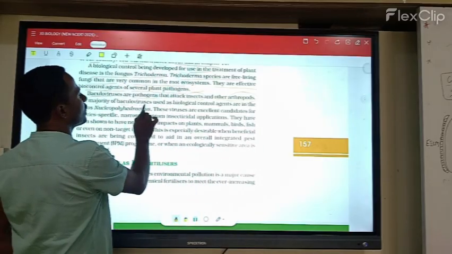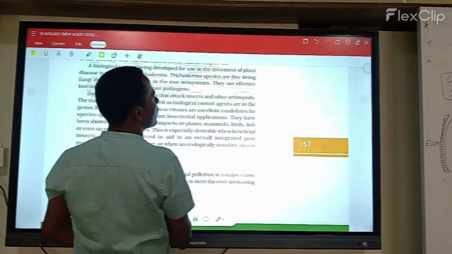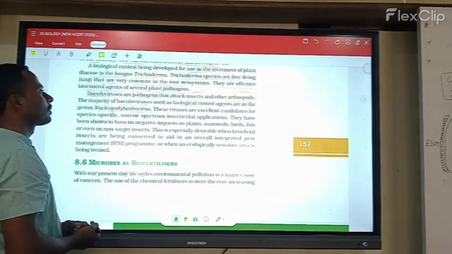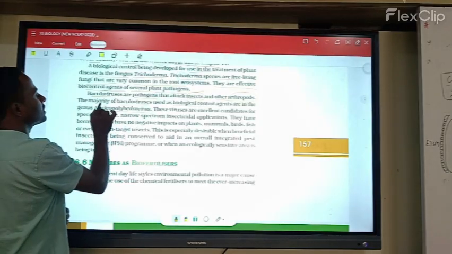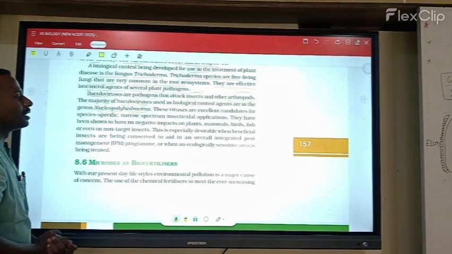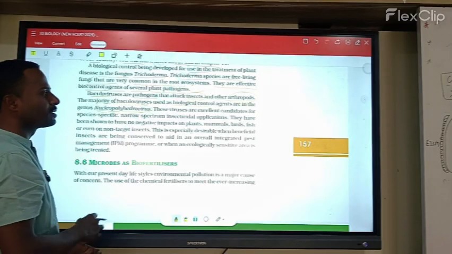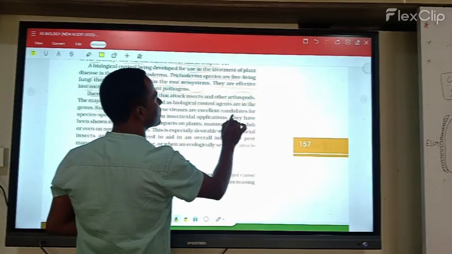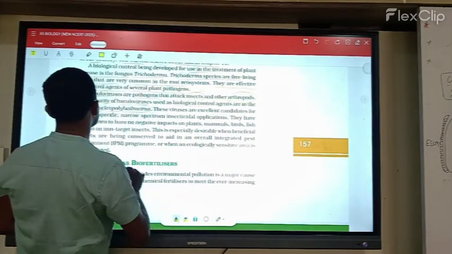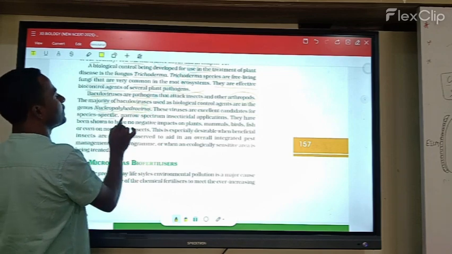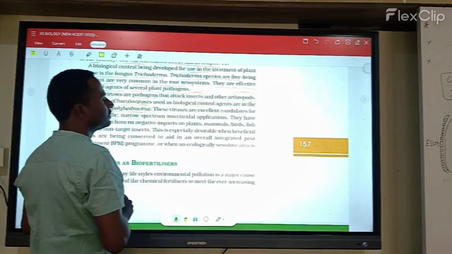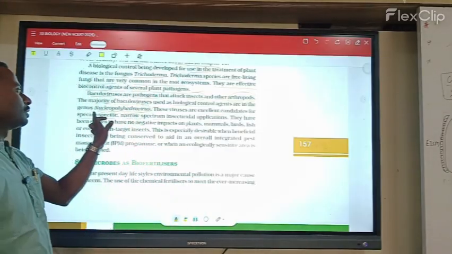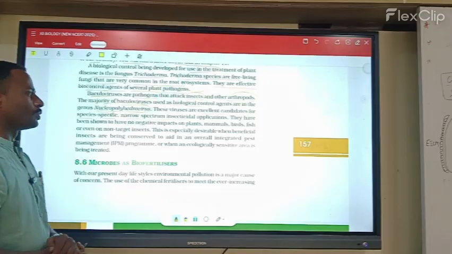The majority of baculoviruses used as biological control agents are in the genus Nucleopolyhedrovirus. This virus is also used to control diseases. These viruses are excellent candidates for species-specific, narrow-spectrum insecticidal applications.